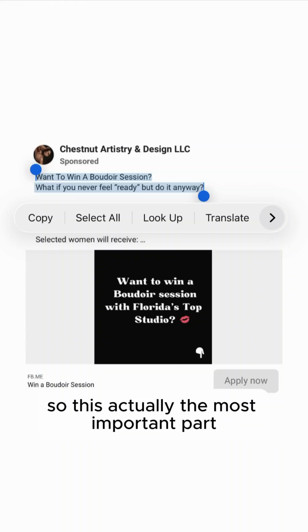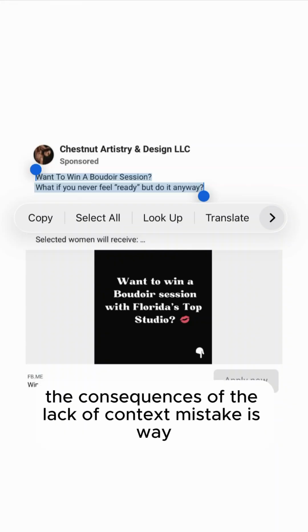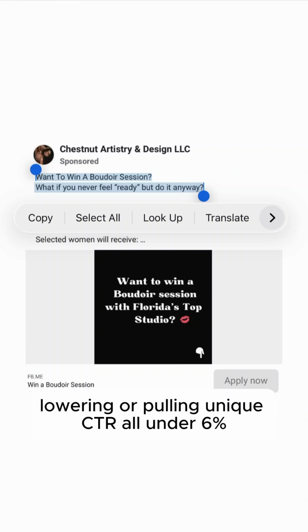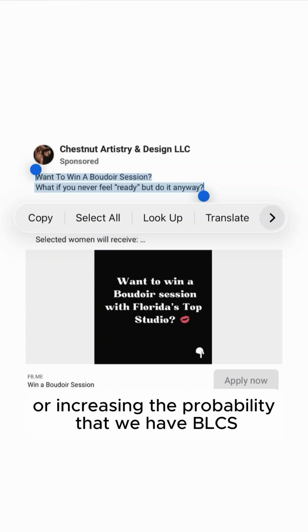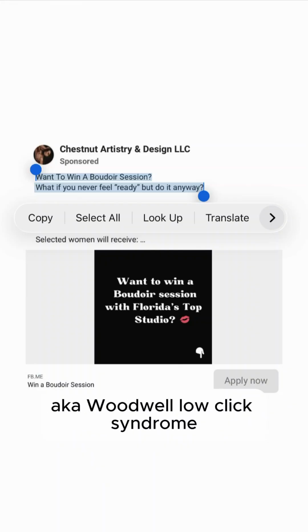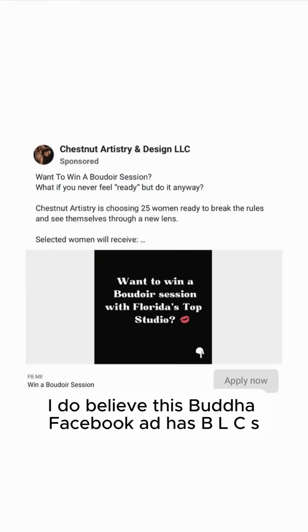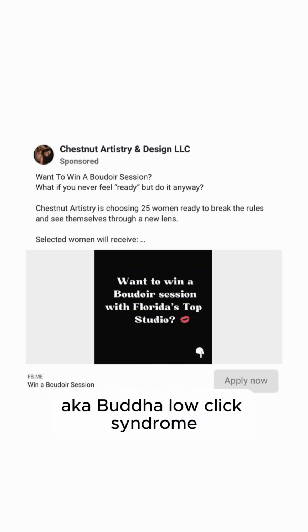So this is actually the most important part. The consequence of the lack of context mistake is way more women scrolling by our ad than necessary, pulling unique CTR all under 6%, and increasing the probability that we have BLCS, aka Boudoir low click syndrome. So after looking at all this, my diagnosis is yes, I do believe this Boudoir Facebook ad has BLCS, aka Boudoir low click syndrome.